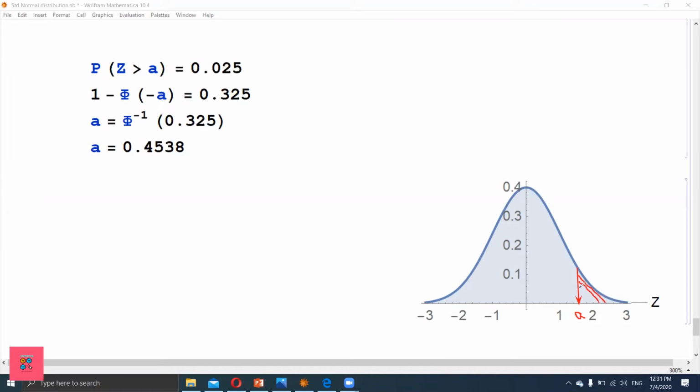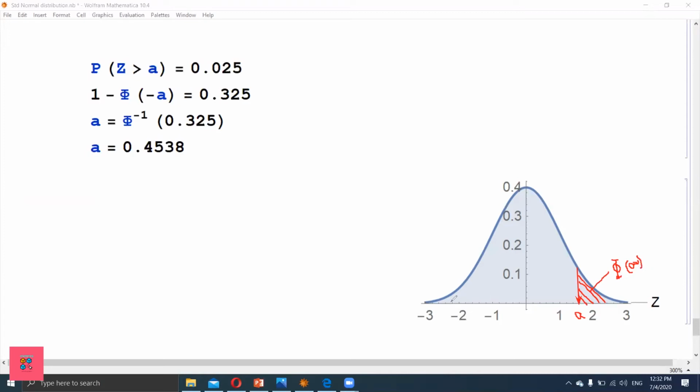This shaded area is now 0.025. I'm going to shade it. Yes, this shaded area is above the point A. Whenever we find an area, phi of A always gives us the area below this point, but we have to find the area above.